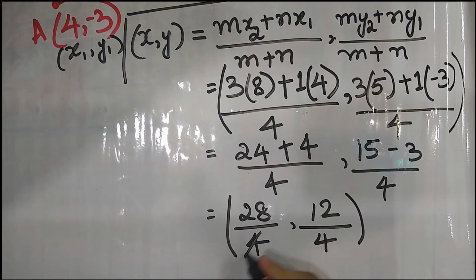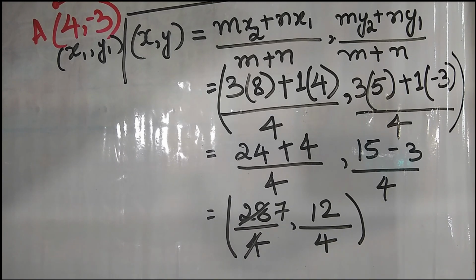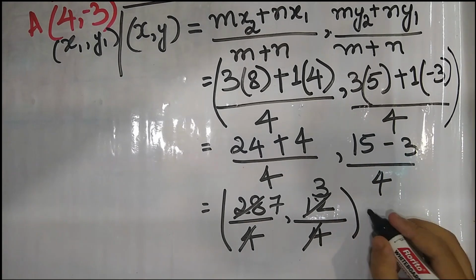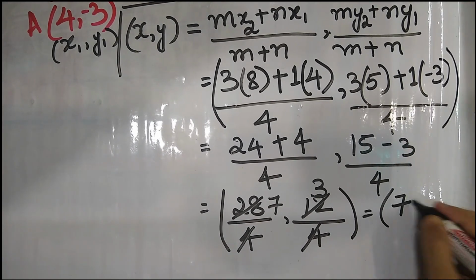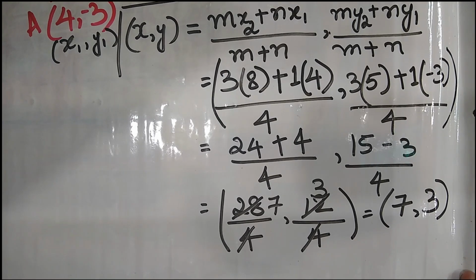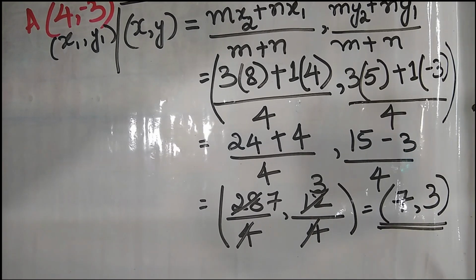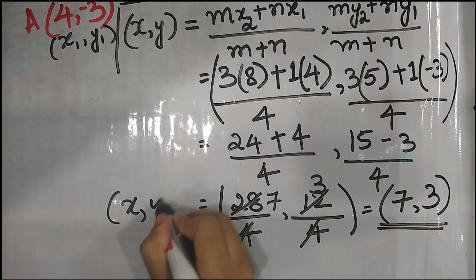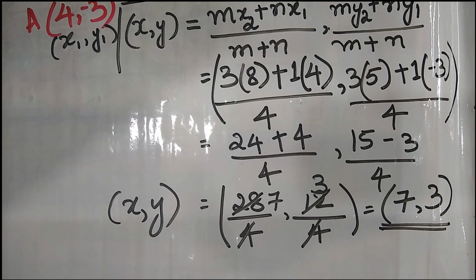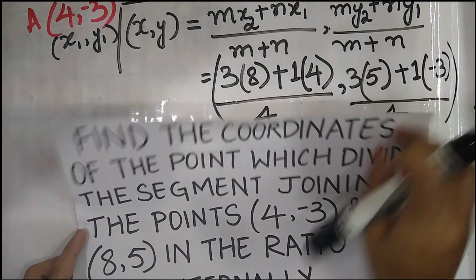So we know that 4 7s are 28, then 4 3s are 12. So we have the coordinates as 7, 3. So this is your coordinate x comma y. This is your answer for this question.